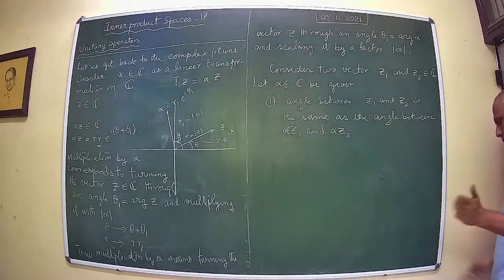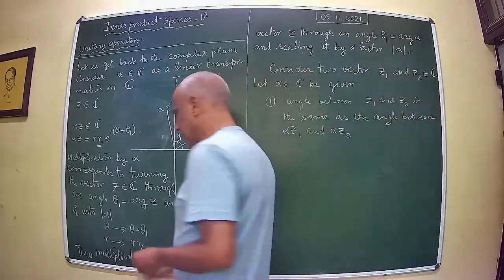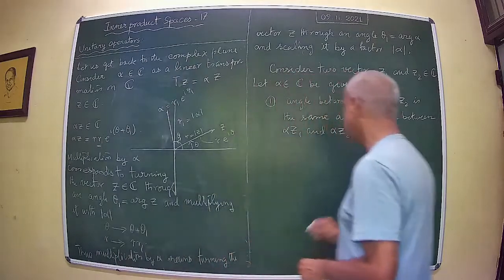Therefore the angle between the two vectors is an invariant under the transformation T.